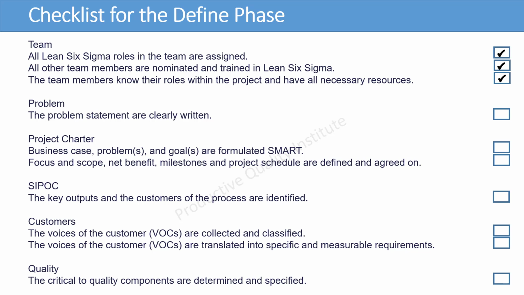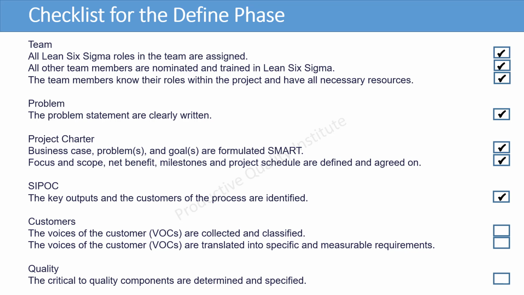For problem: the problem statement is clearly written. For Project Charter: business case, problem, and goal are formulated in a SMART way. Focus and scope, net benefit, milestones, and project schedule are defined and agreed on. For SIPOC, the key outputs and the customers of the process are identified.